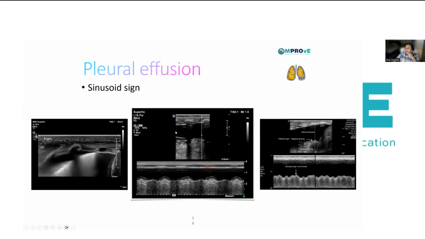You clearly have an anechoic area, which is visible over here on the M mode. And then because there's parietal pleura with rib margin, which is completely static, as you can see in this image, you see what looks like a part of the seashore. And that's clearly seen in this particular image. So a very nice demonstration of the sinusoid sign.